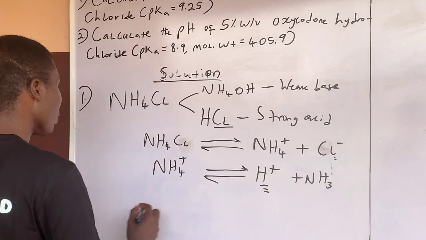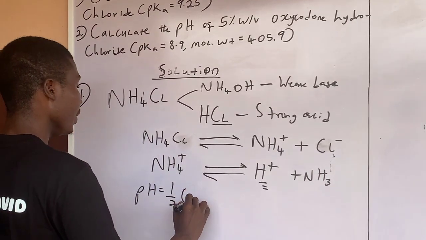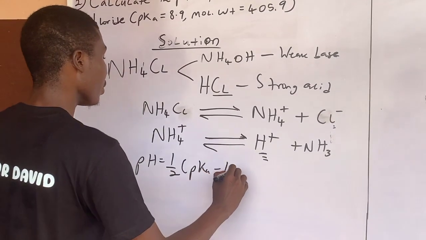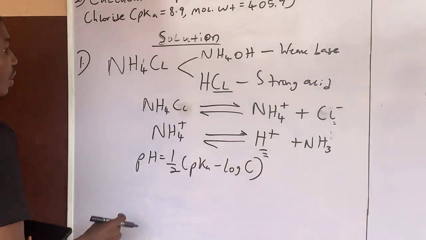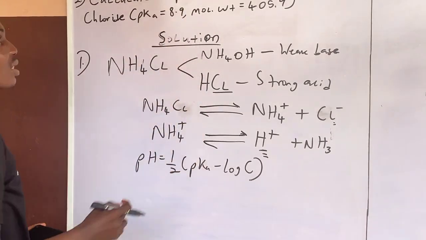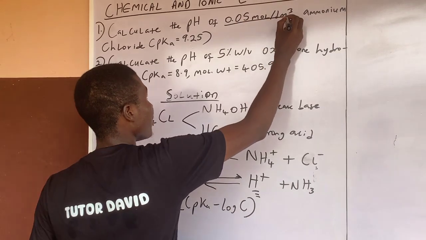So how do we solve for this? We already know that our pH is equal to 1/2 (pKa minus log C). The pH is what we're calculating for. The pKa has been given to us as 9.25, and our C has been given as 0.05 mole per dm cube.